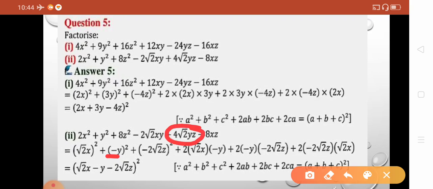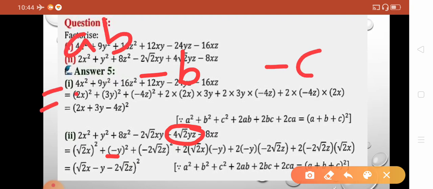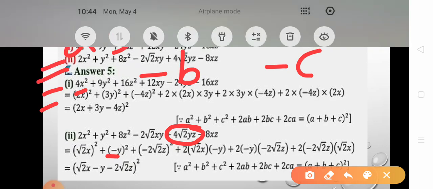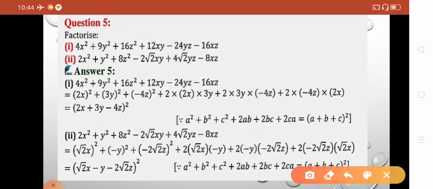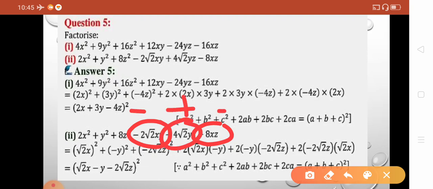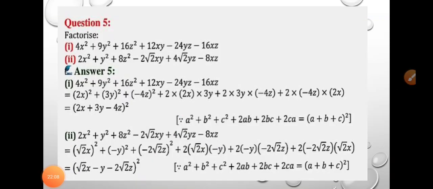Whenever b and c are together you have the value as plus, that means both b and c are of minus sign. Whenever a and b are there the answer is negative, because a is positive and b is negative. Whenever a and c are there the value is also negative. That means a is plus, b is minus and c is minus, that's why the value of bc is plus. So we will open this formula.